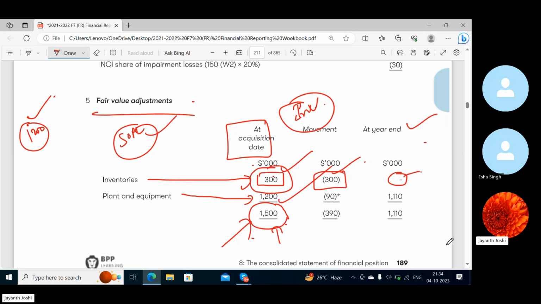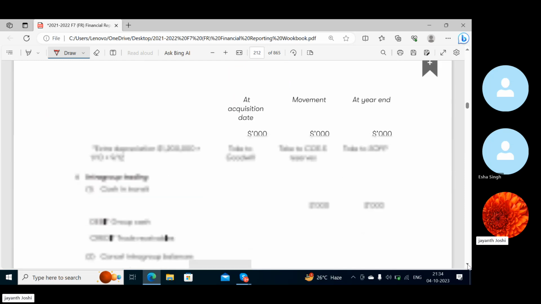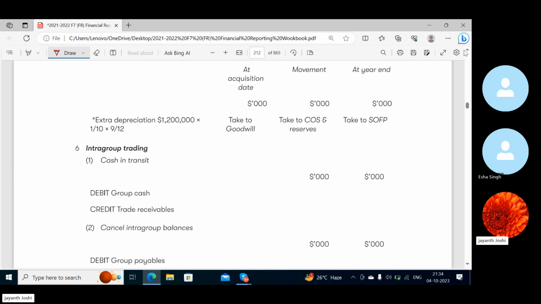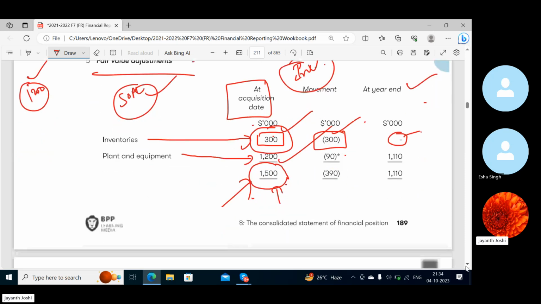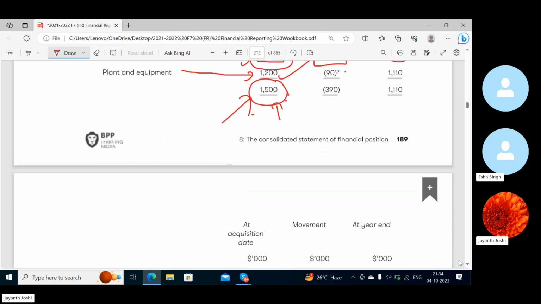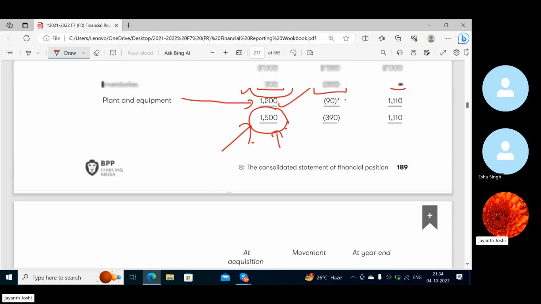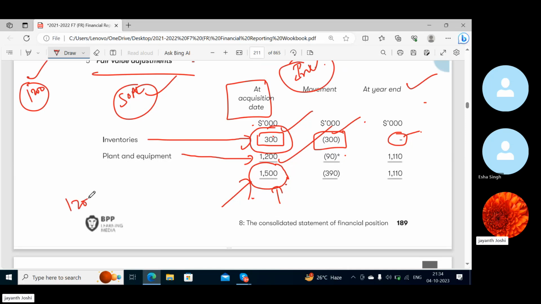And for property, plant and equipment, we have already calculated the depreciation and everything. We have already discussed about that, right? This 90, how we got it, correct? Yes, sir. That is because of the excess. The asset is 1200 more than the previous amount. That means whatever the carrying value of the asset was, this is more than that.